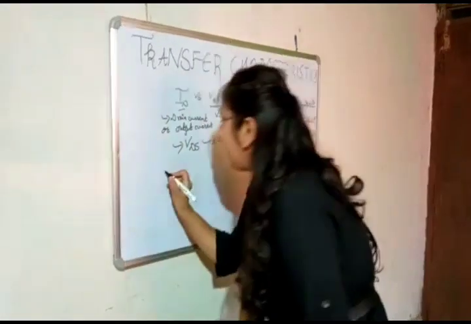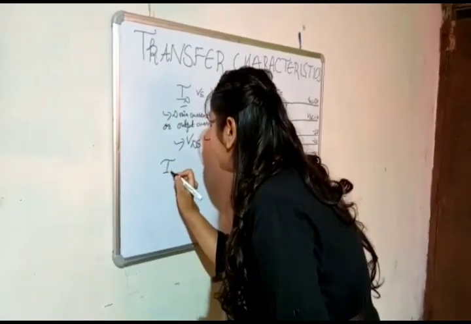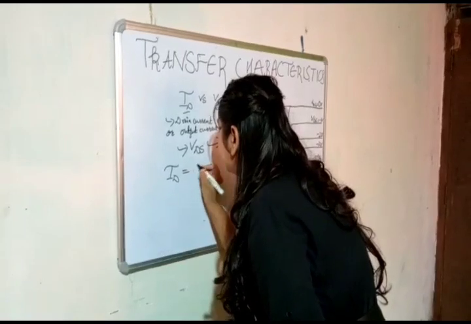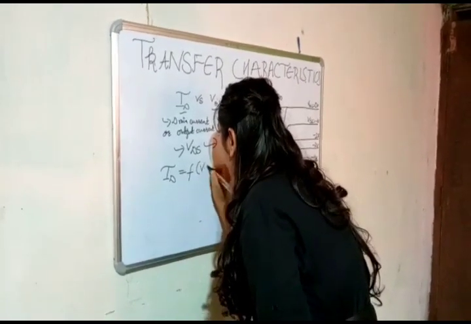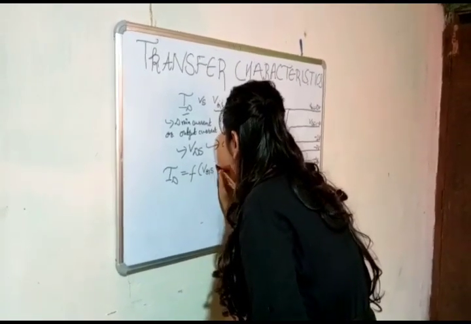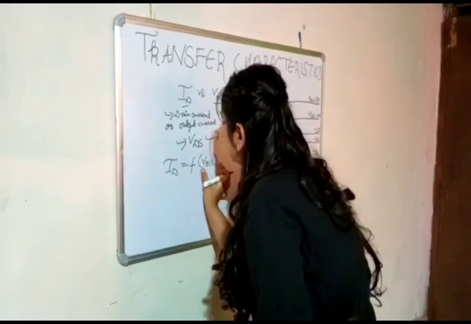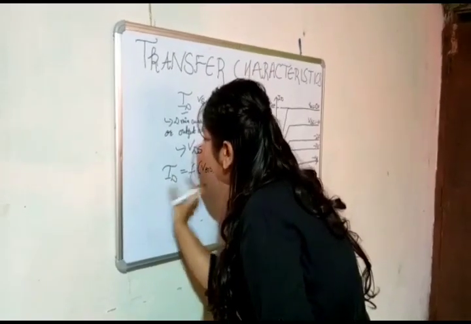We know that ID is a function of VGS, or this VGS can control the flow of current ID.